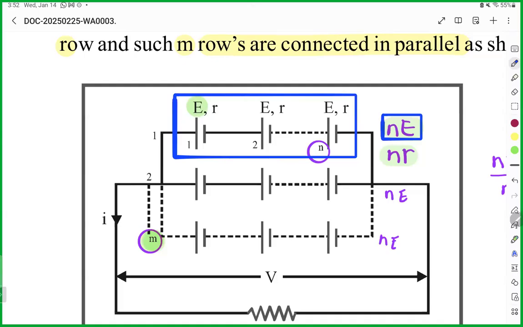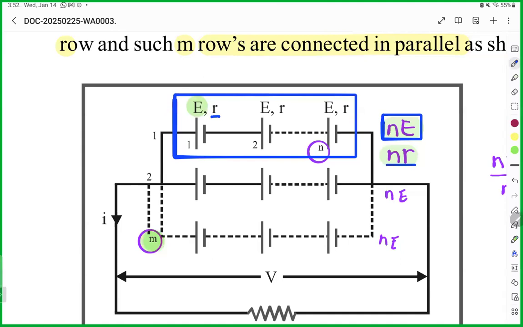Anvita, what will happen to the resistance if each resistance is small r? In series, what will be the total resistance? So it's NR, right? NR, because of simple addition.